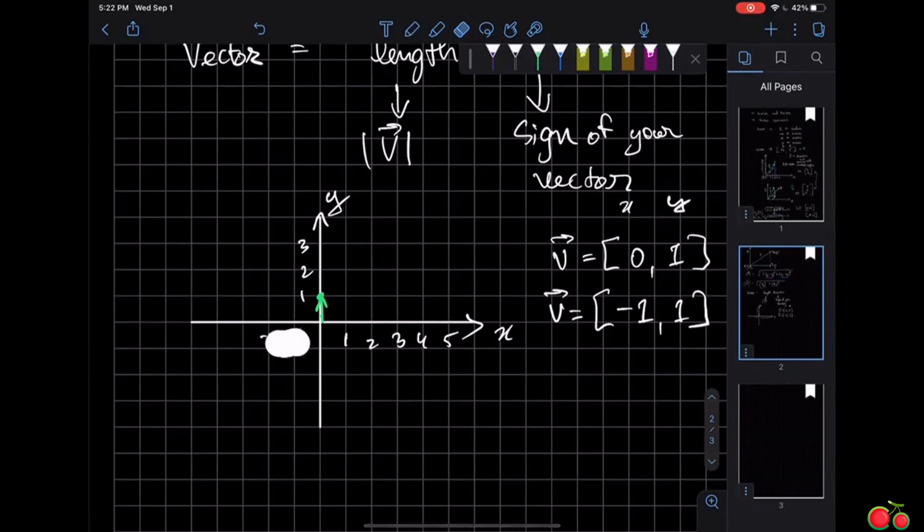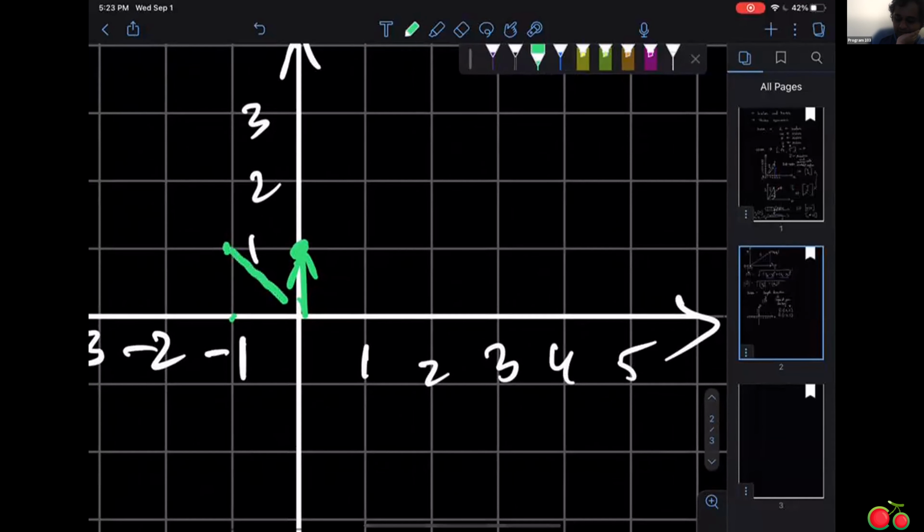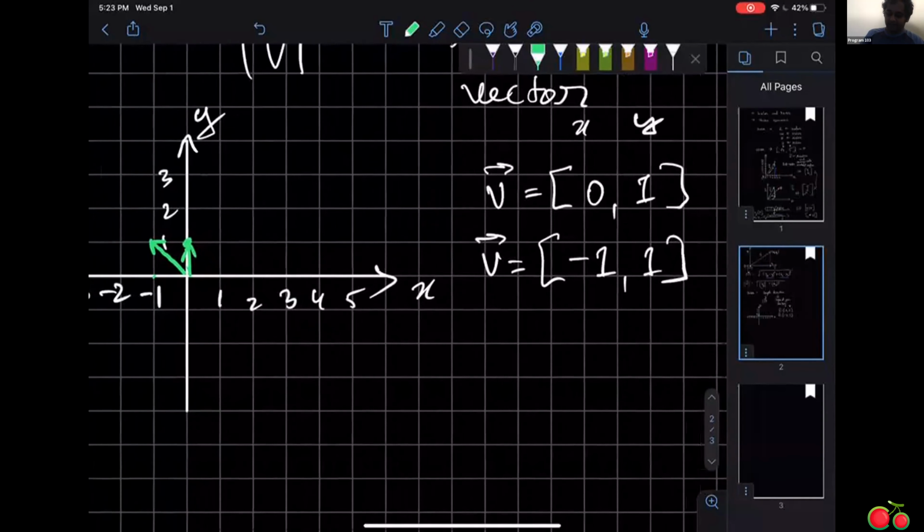Oh, yeah, yeah. I mean, yes. This is -2, this is -3, -4, -5, right? So your second point is it'll be here. There'll be -1 for X and then 1 for Y, right? So our vector is going to look like this, right? That's how it's going to look like.